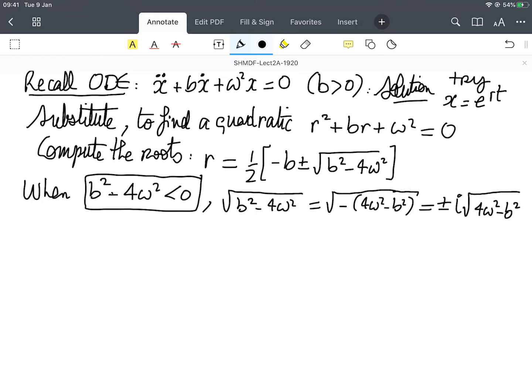So now I have my solution as follows. Let's just say I'm going to write my root in a more compact way. I'm going to let kappa be 1/2 square root of 4 omega squared minus b squared.